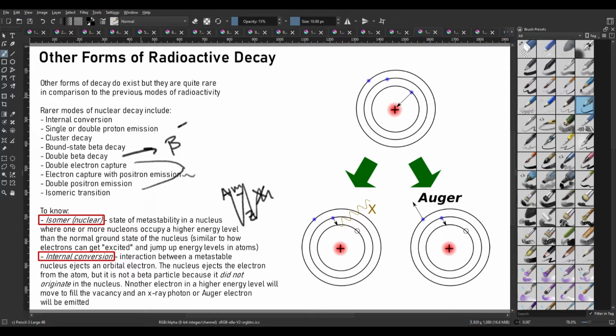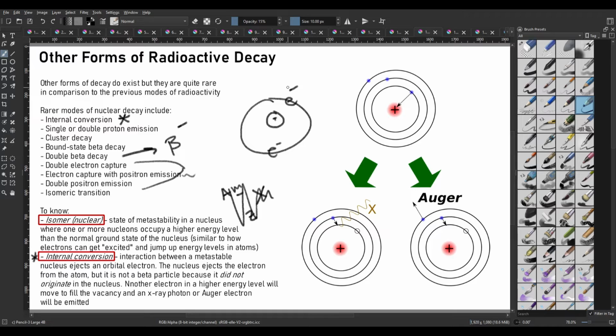And then internal conversion is the first one on our list up here, so we'll just draw a little star next to this one. An internal conversion is where a metastable nucleus says, about one of these electrons, I don't like you, so it's going to take an electron. Maybe we've got our nucleus here. Say we have an orbital here, this electron.